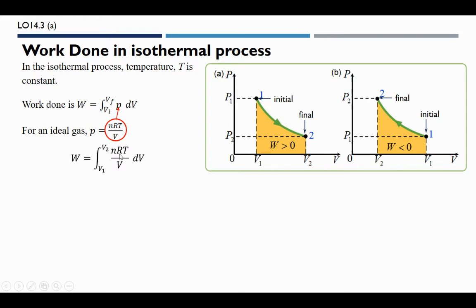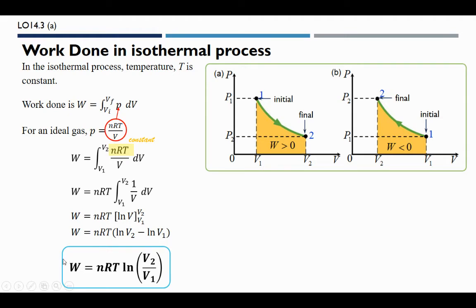The number of moles, gas constant, and temperature are constant. Therefore, they can be taken out of the integral, so we are just left with the integral of 1 over V dV. The integral of 1 over V dV gives ln V.